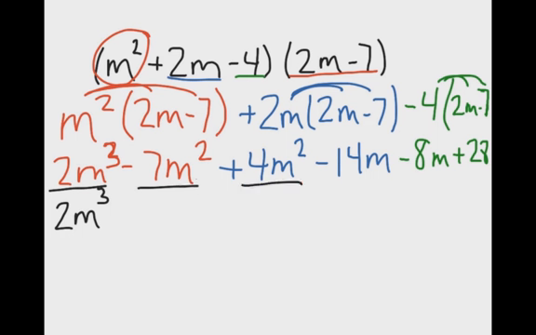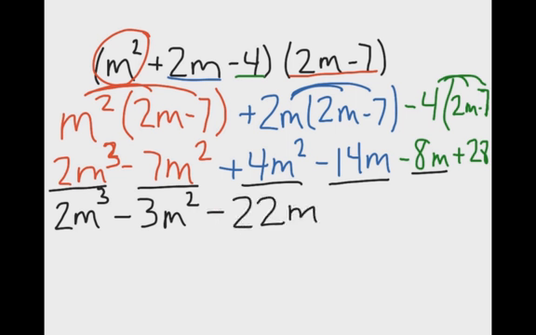So that will give us negative 3m squared. Then our power is just to the first power, which will give us a negative 22m. And we only have one constant, so plus 28.